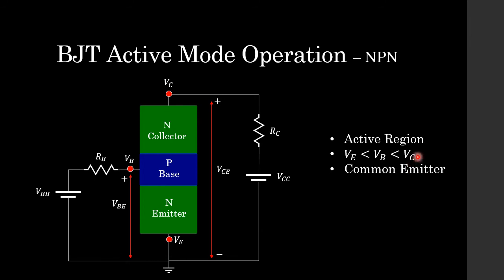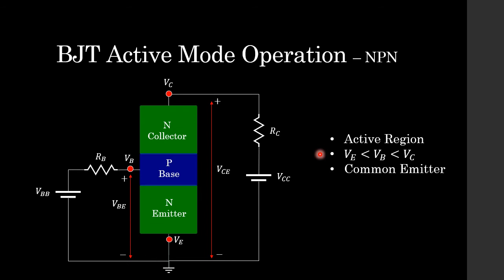Our collector voltage is greater than our base voltage, so we're reverse biasing the junction between our base and our collector. Looking at the configuration of the circuit, we can see that our VE, the emitter terminal, is common to our base and to our collector. So this is a common emitter configuration circuit operating in the active region, and these are the conditions that need to be satisfied for that.